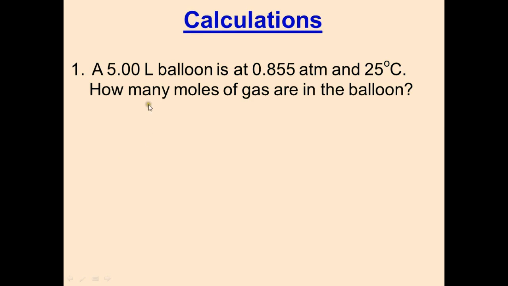We have a 5-liter balloon set at 0.855 atm and 25 degrees Celsius. How many moles of gas are in the balloon? We first look at our formula, which is PV equals nRT.